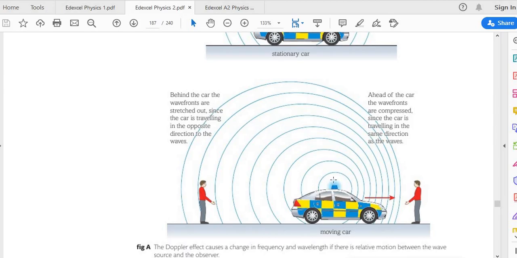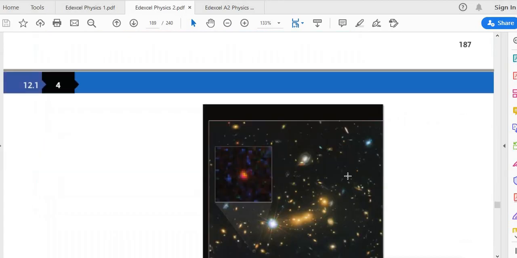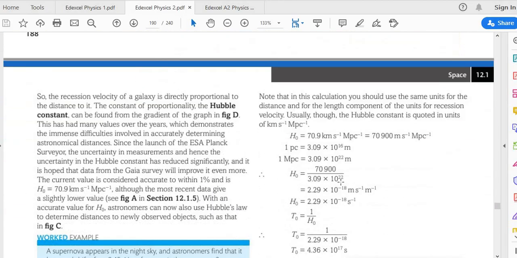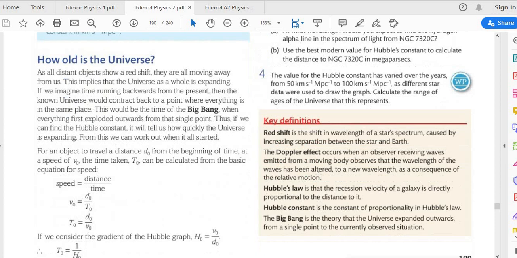Okay, so this is basically what the Doppler effect is. For the definition, again we can scroll down to the bottom of this chapter where all the definitions are given. The Doppler effect occurs when an observer receives waves emitted from a moving body, and observes that the wavelength of the waves has been altered to a new wavelength as a consequence of the relative motion.